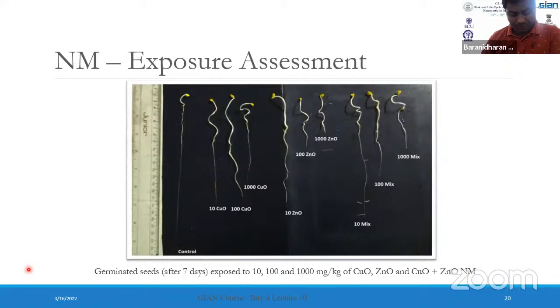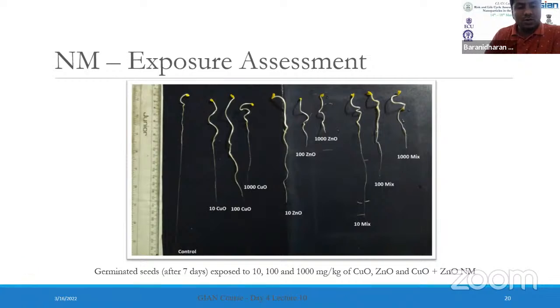So the impact of these nanoparticles on the sludge was evident from long-term and short-term studies. One such study also looked into the germination of seeds. If the germination of seeds was done with a nanoparticle-containing sample or concentration, how does this concentration of nanoparticles retard the growth of the seeds which get germinated?